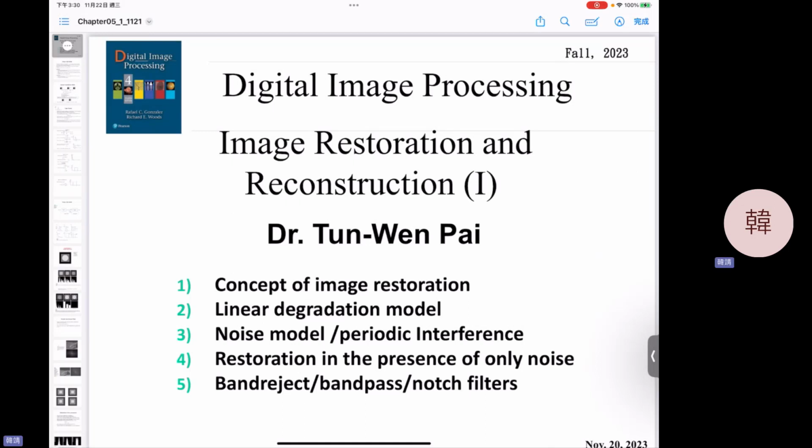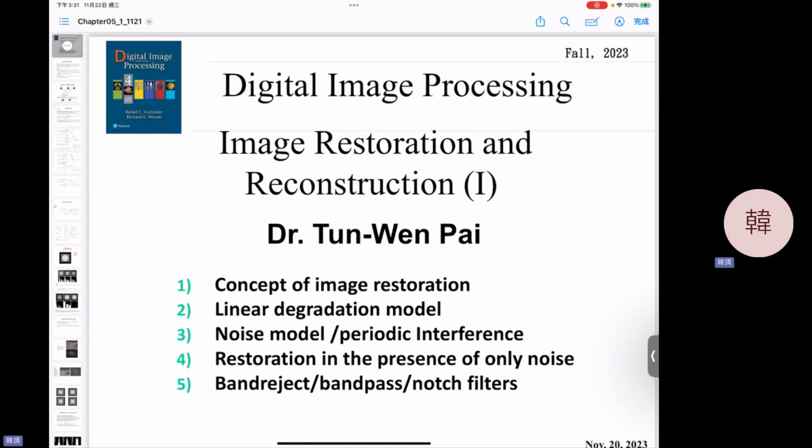Enhancement is just based on the user's request. Sometimes you use a low pass filter to make the image smoother so it looks smooth. But sometimes you want to enhance it for some pattern recognition, so you use a high pass filter. But there's no standard criterion for enhancement. It depends on the viewer.